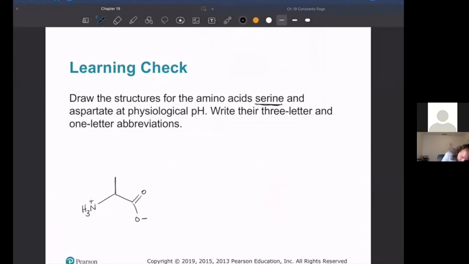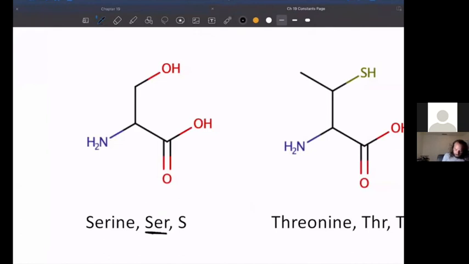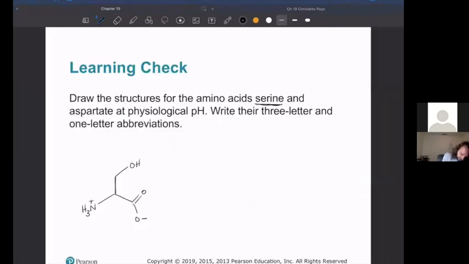Right, the 3-letter and 1-letter abbreviation, again, that's not something I expect you to know. So all you got to do is be able to look it up correctly on the constants page. So this is serine, which is Ser and S.